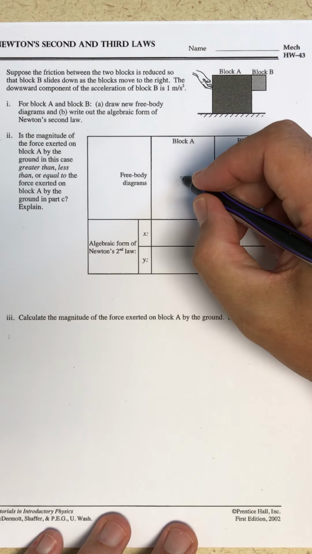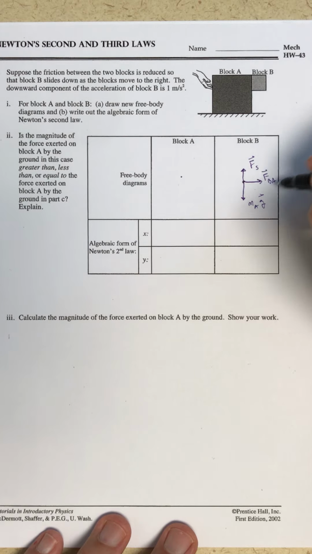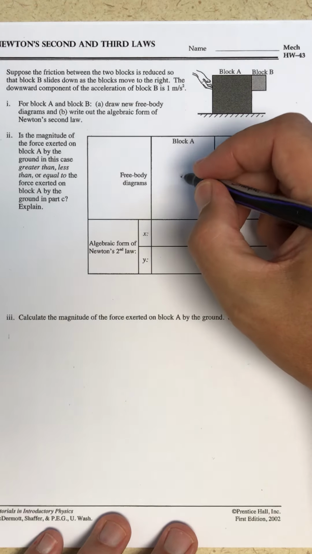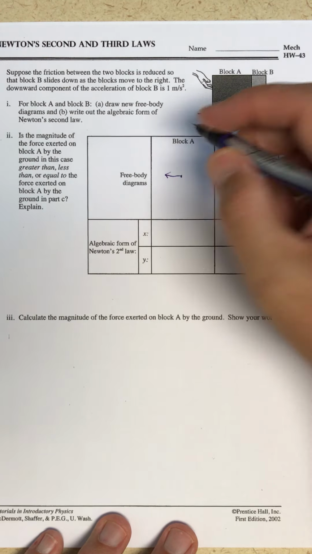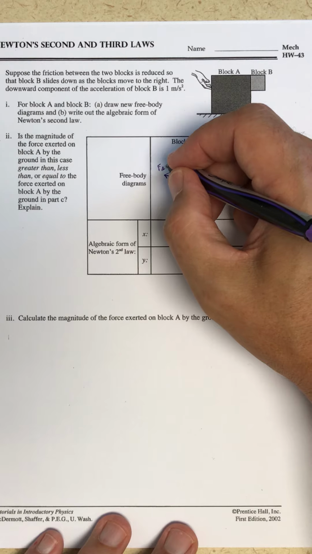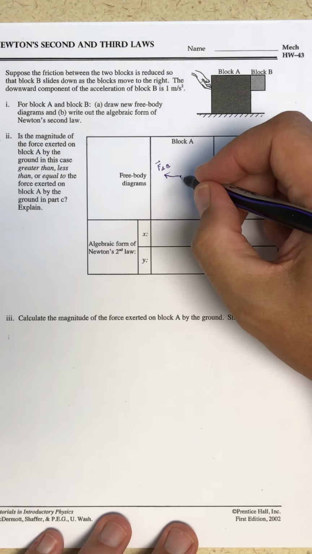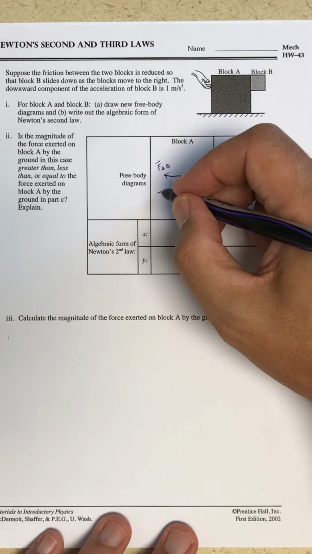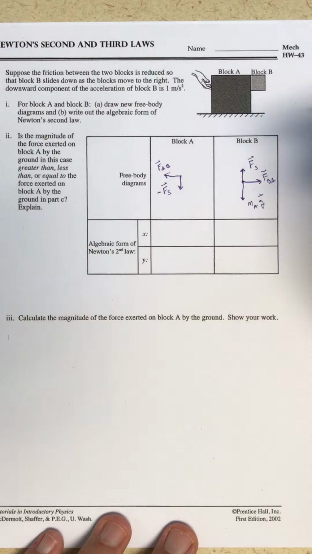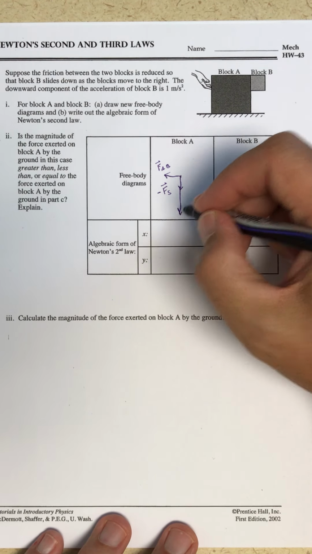Now we look at block A. I'm going to have the interaction partner to this force, the force on B due to A, which is going to be the force on A due to B. There is going to be a force of static friction down on block A, which I'm just going to call minus force of static friction. I've got the weight of block A.